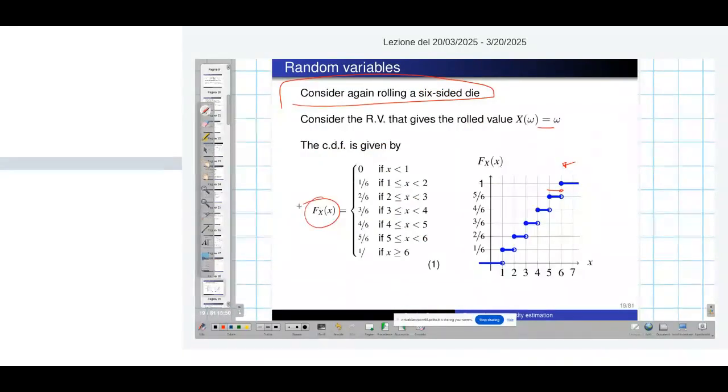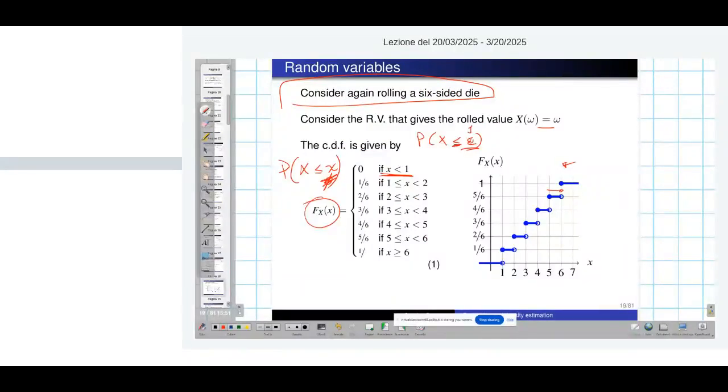The function gives for every value of x the probability that the random variable is lower or equal than small x. If I plug in any value lower than 1, then the probability that x is smaller or equal than a value lower than 1 is always 0, because x must be at least 1.